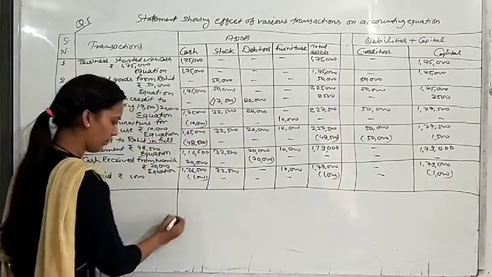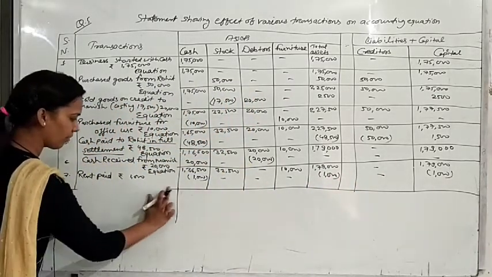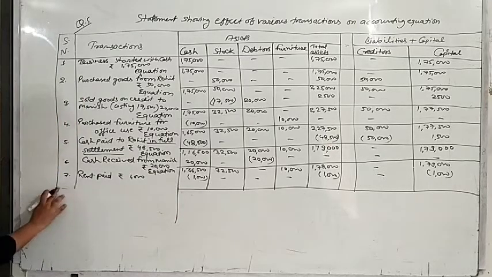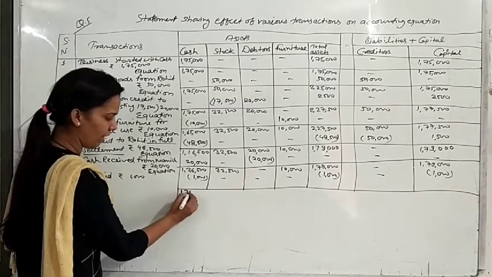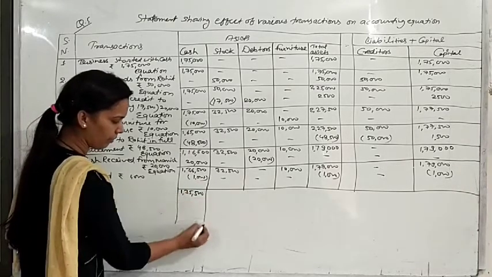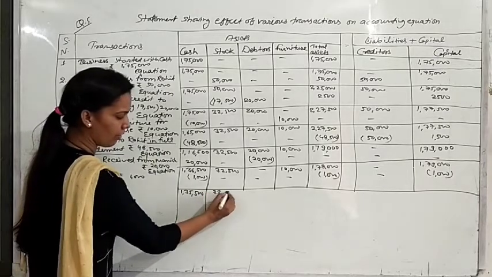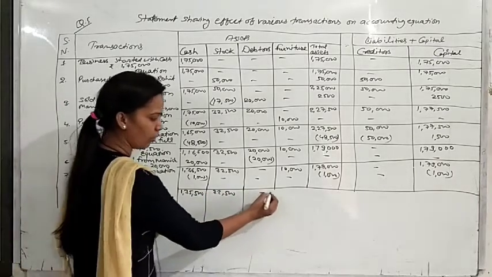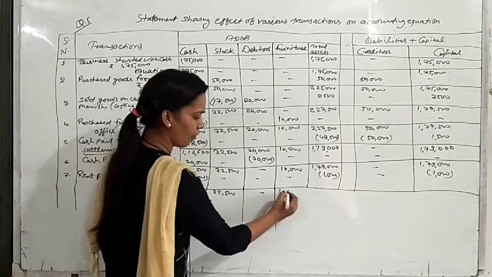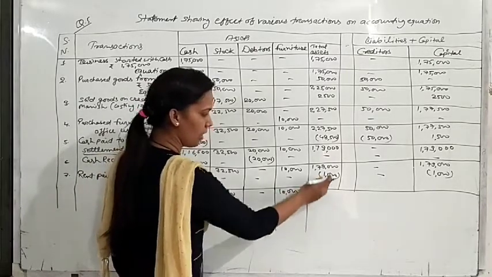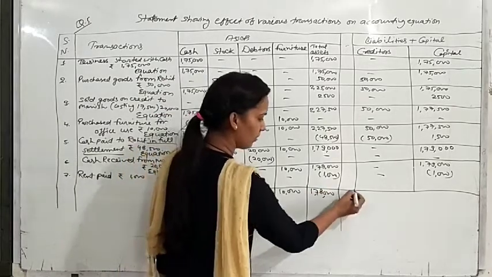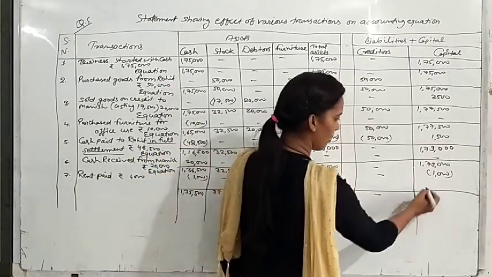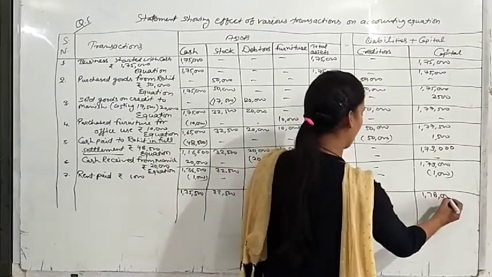Now the equation. 1,36,500 minus 1,000, 1,35,500, 32,500. No debtors. Furniture is of rupees 10,000. 179 minus 1, that is 178. No amount for creditors, and here 1,78,000.